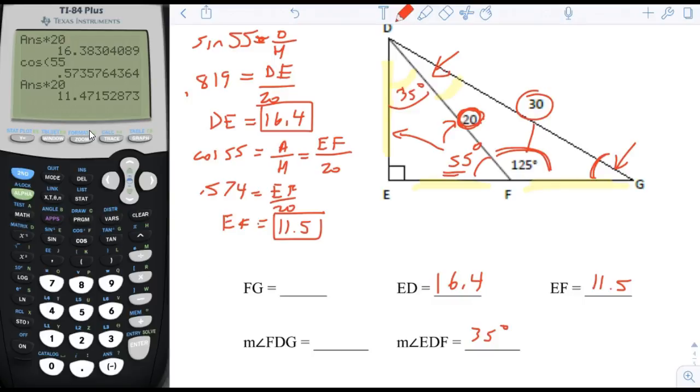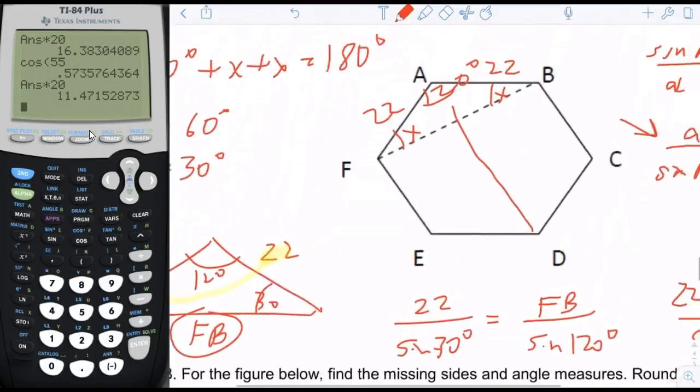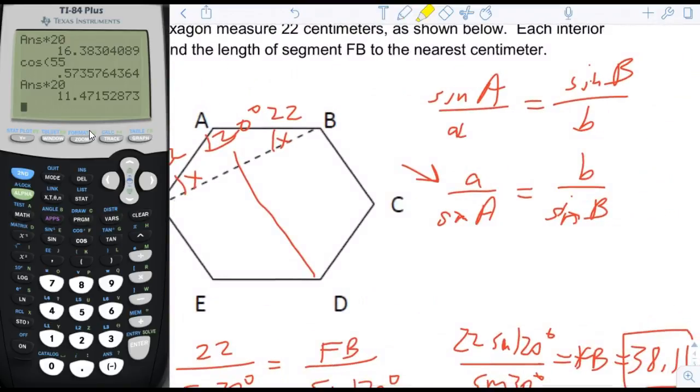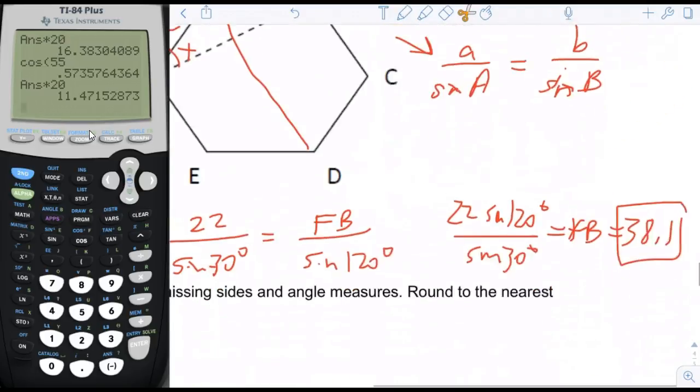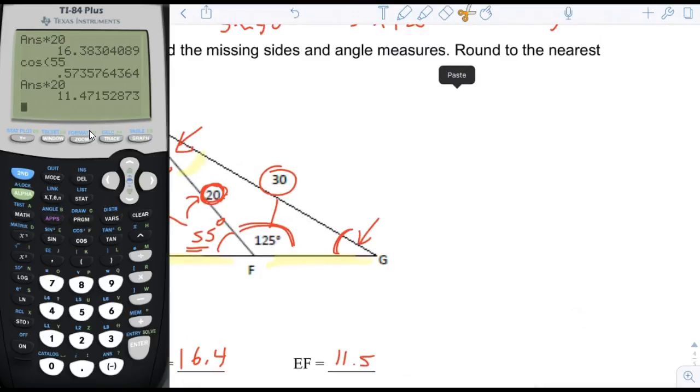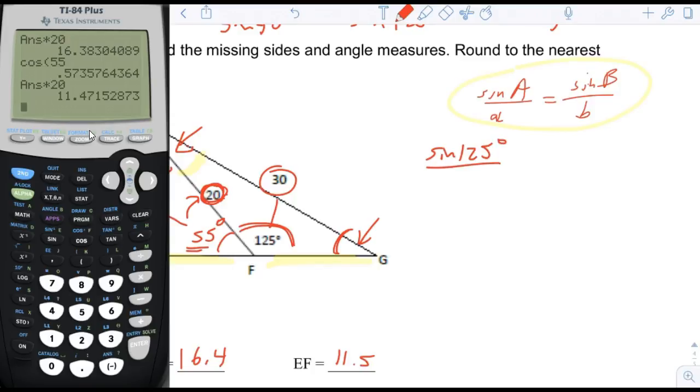Okay, so let's do this. We're going to use the law of sines formula that has the angle on top. We're going to use this one here. In fact, why don't I just copy it over there? Copy, paste, and I'm going to make it a little smaller so it doesn't take up so much space. So I'm going to have sine of 125 degrees divided by 30, because that's the pair that we know, right?